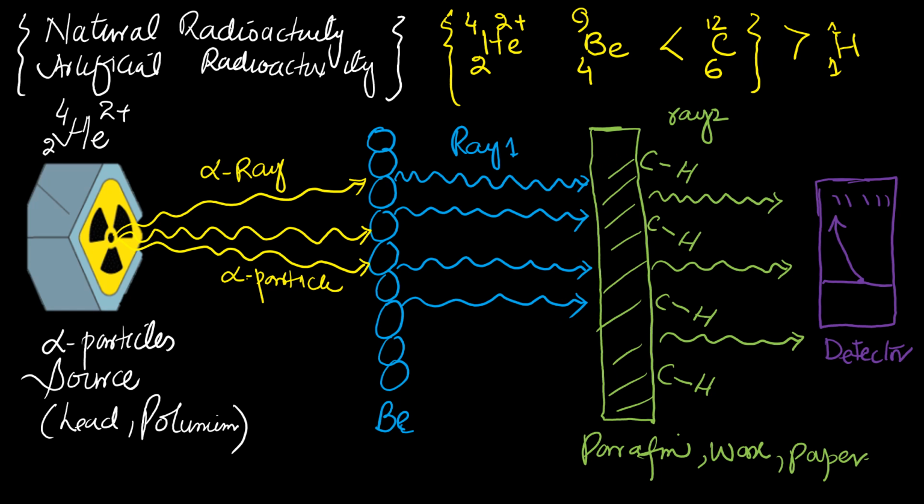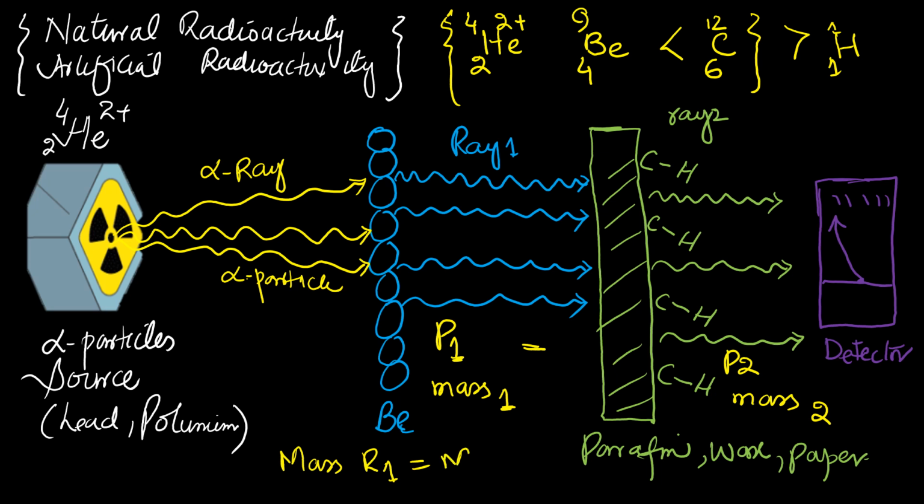So the momentum of ray 1, P1, is equal to the momentum of ray 2, which means the mass of a particle of ray 1 is equal to the mass of ray 2, which means that the mass of ray 1 is equal to the mass of a proton.